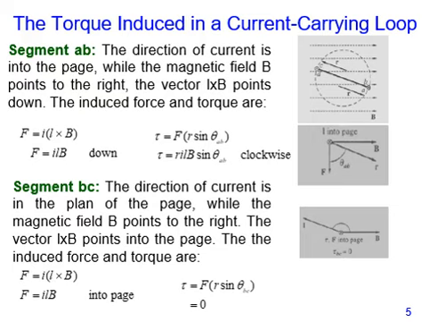Therefore, the induced force on this segment of the wire is F equal to I L cross B, and it would become ILB, and it would be into the page.